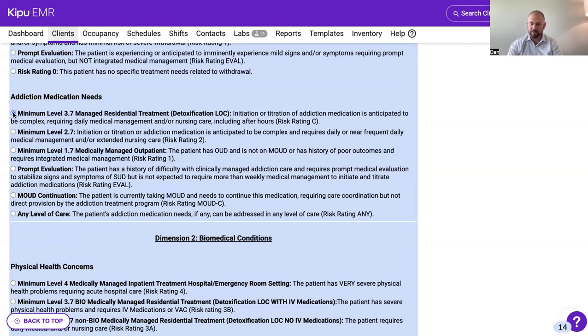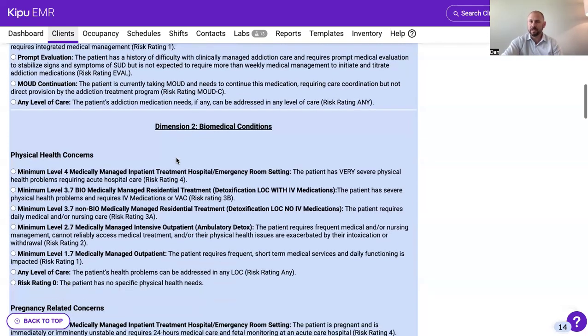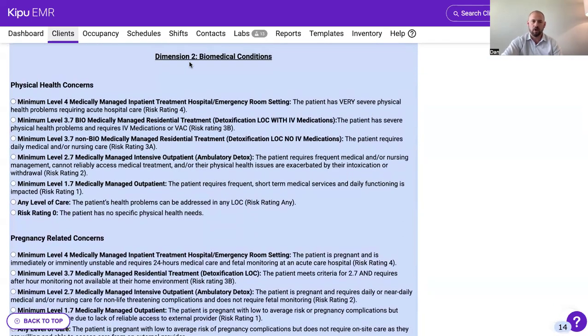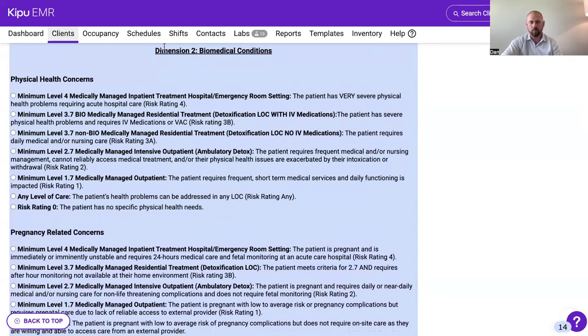I want them to see the psychiatrist and talk about medications that might help them with their sobriety. So at 3.7, it'd be weird if 100% of the time that's not clicked. Again, we're going to refer all of them to be assessed by the doctor. Always let me know if for some reason you don't think the client will benefit from addiction-reducing meds. All right, so that's the first dimension, guys.